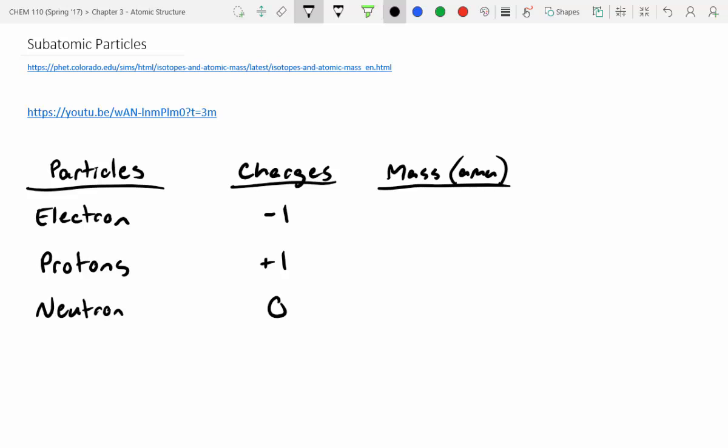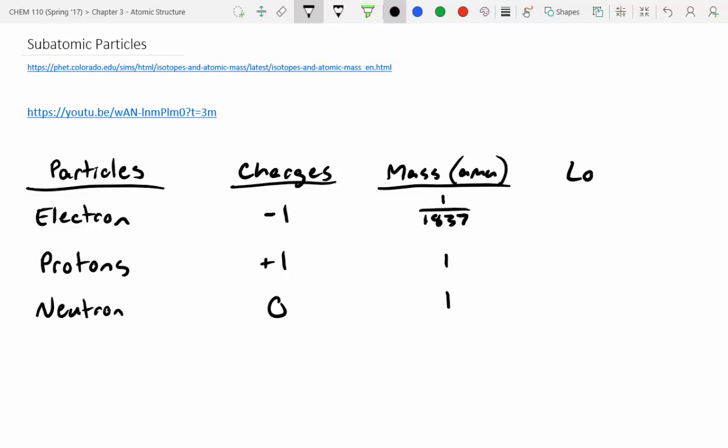And the mass for a proton and neutron is about the same. They're approximately 1 mass unit. Is an electron going to be lighter or heavier? Lighter. They take up almost no space. And this was what was discovered in both the cathode ray experiment, the gold foil experiment, and the oil drop experiment. In fact, it's less than 1/1000th the mass.